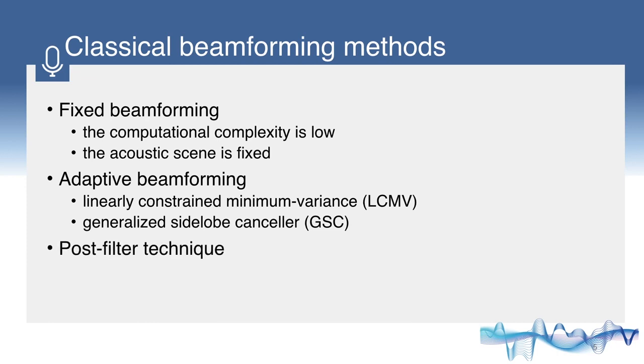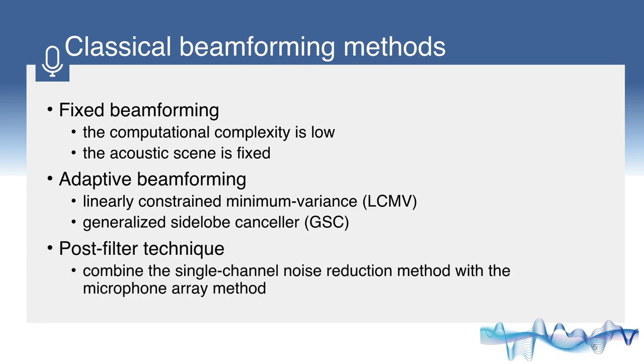The traditional beamforming method will leave some noise, and the ability to suppress some noise is not strong. So, the post-filtering technique is used to combine the single-channel noise reduction method with the microphone array method.